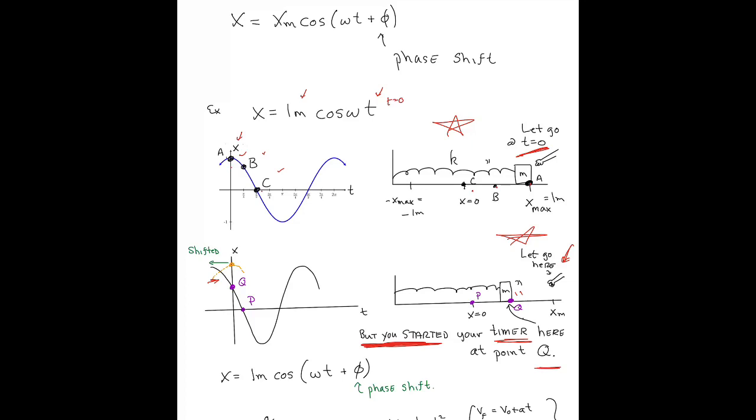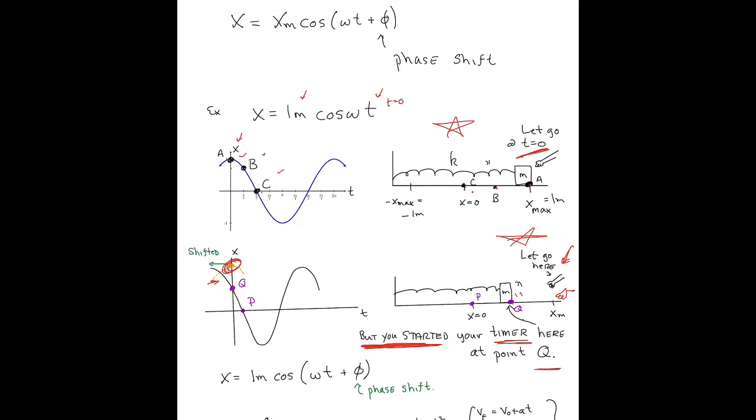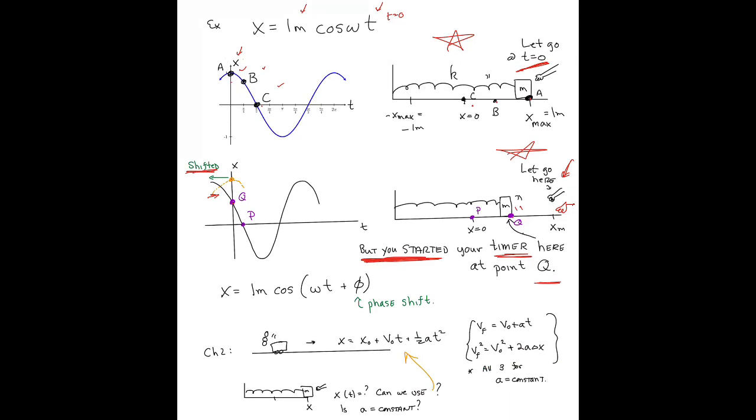I let it go right there, but I didn't start the timer until it got to point Q. So it starts here at Q, and then it passes to P. So the function doesn't start up here, it doesn't start high, and it doesn't start at 0. This function looks like the blue cosine above, but it's been shifted to the left. So that's what the phase shift means.